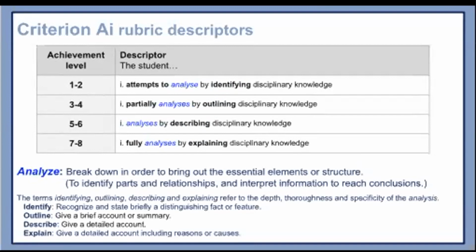They are the depth, thoroughness, and specificity of the student's analysis. So always remember the command term is analyze, and those other words are just helping you determine the depth, thoroughness, and specific details in the analysis.